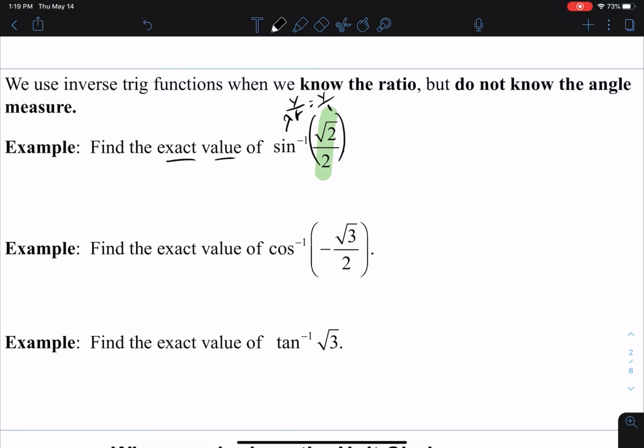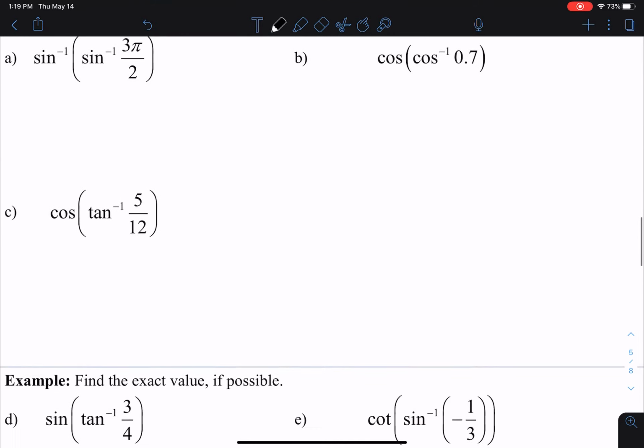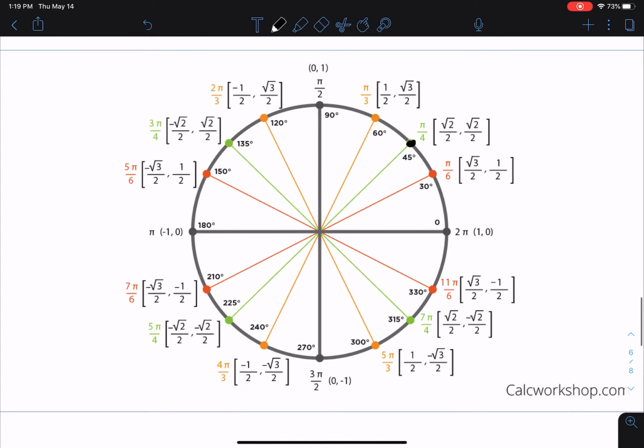So pretty much what we're doing is asking, where is y the square root of 2 over 2? Okay, so let's go to the unit circle. Where is y at the square root of 2 over 2? Well, we have it here. We have it here.